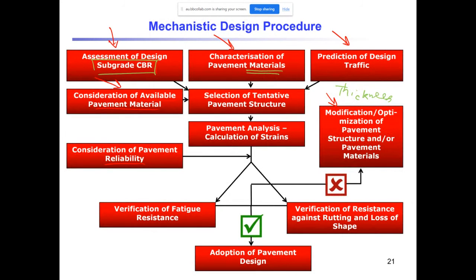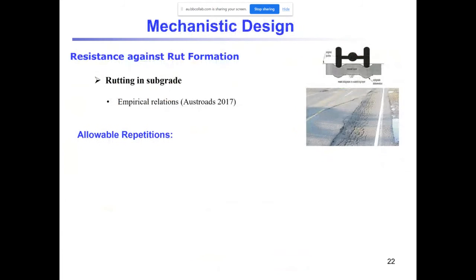But still, there is one thing that I didn't explain to you here. How can we check whether fatigue and rutting take place in the structure of the pavement or not? We want to know how to check this one. In order to check this one, we need to use some empirical equations.